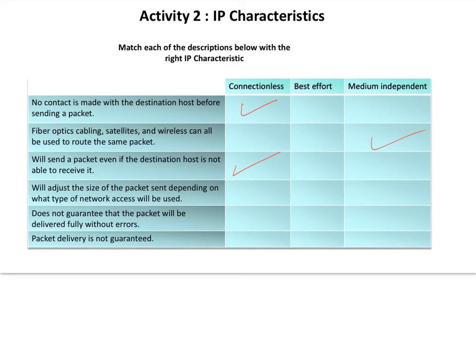But this type of reliability comes with a cost, right? When you establish a connection, you need to maintain that connection. You need to store the connection context. For each connection there is a context, and you need to store that context somehow.